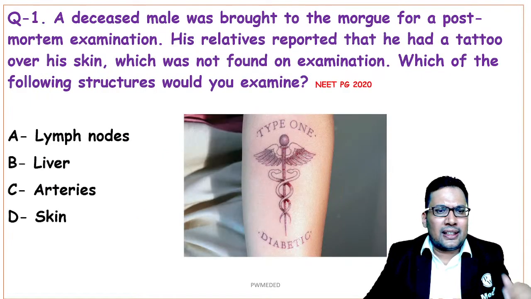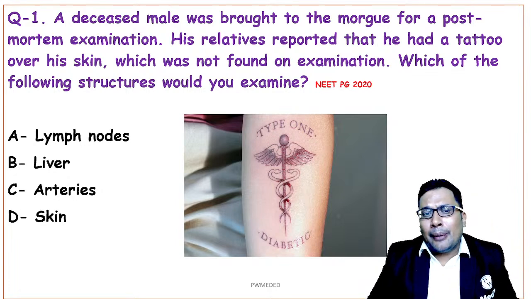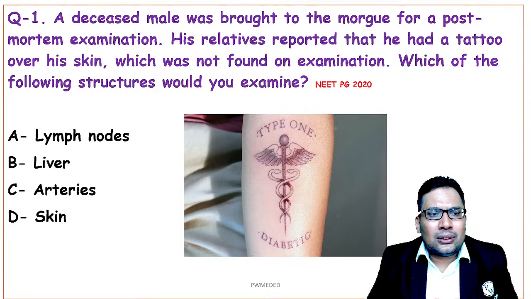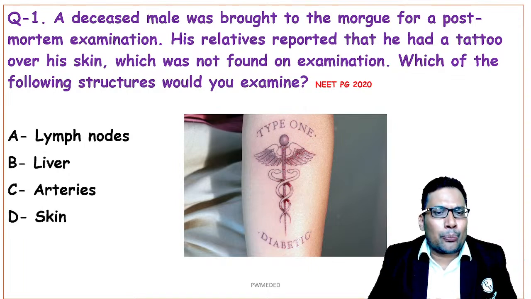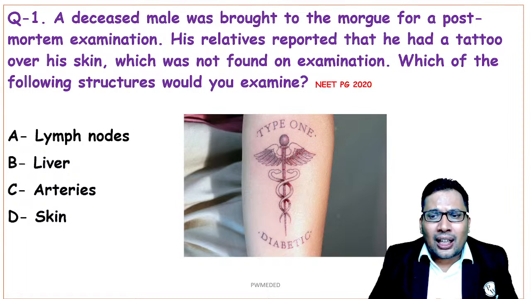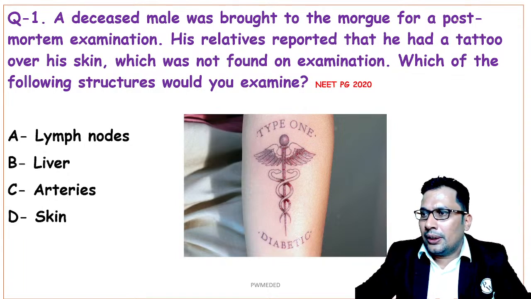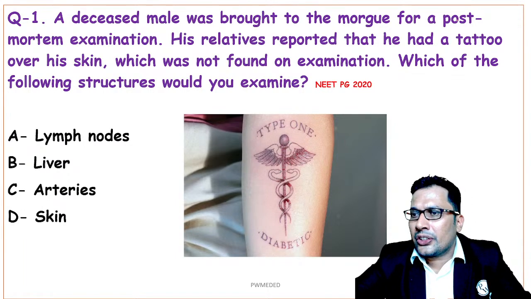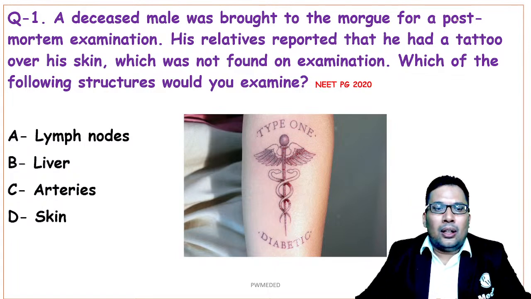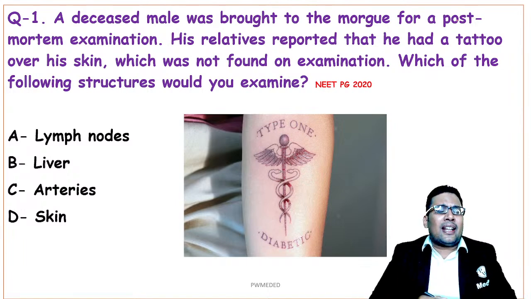Okay, so this is the question asked in 2020. A deceased male was brought to the mortuary for post-mortem examination. His relatives reported that he had a tattoo over the skin, which was not found on examination.